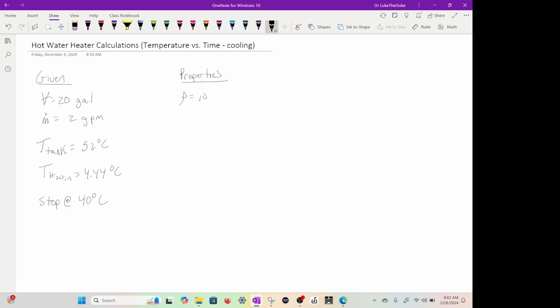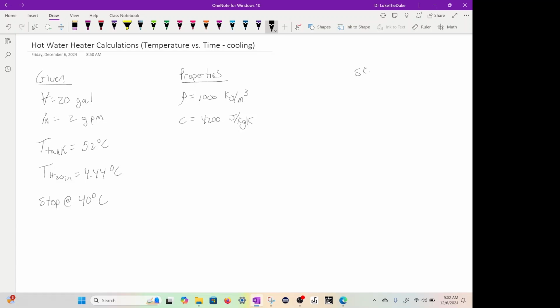We have the density of water, 1,000 kilograms per meter cubed, and the specific heat value of 4,200 joules per kilogram K. We're going to need that in a little bit.